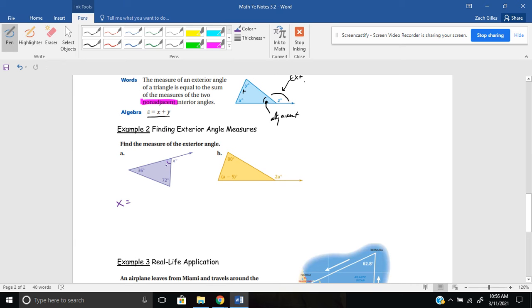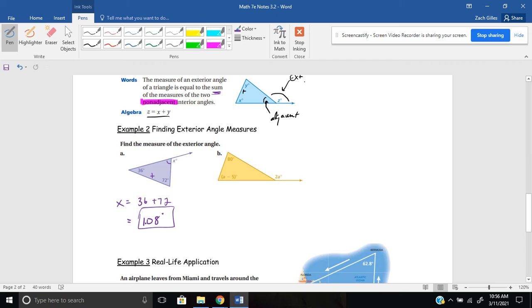We're not concerned with that. The two non-adjacent are 36 and 72. And we just have to add the two, the sum of the measures of the two non-adjacent. So really all you have to do for letter A is add 36 and 72, and you should get 108 degrees.